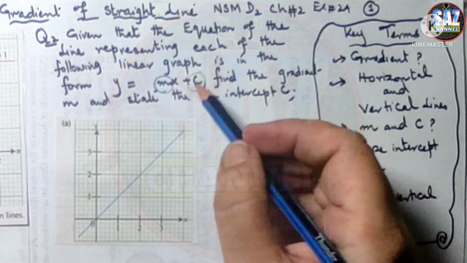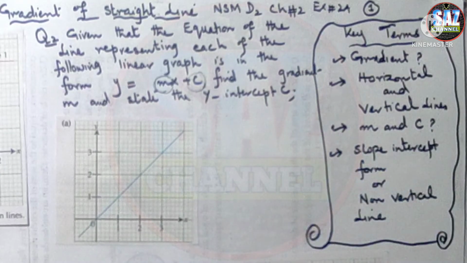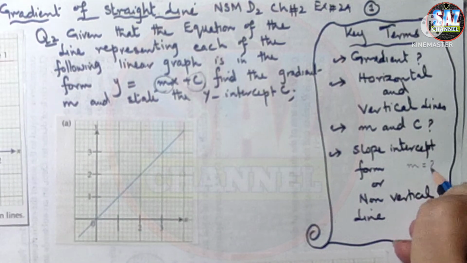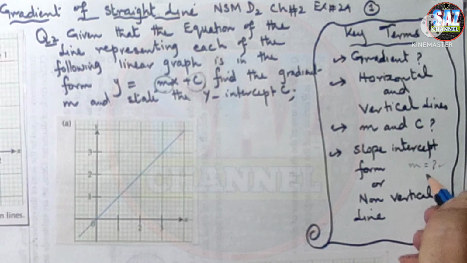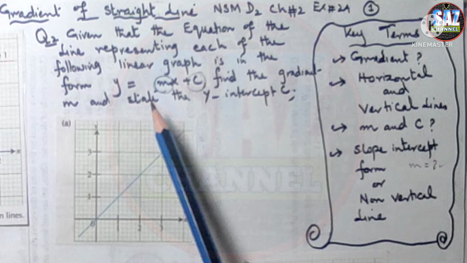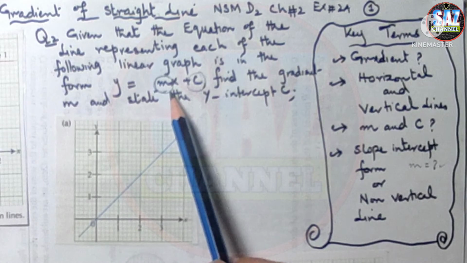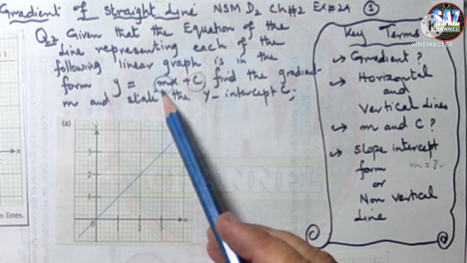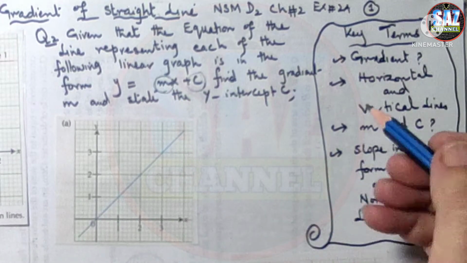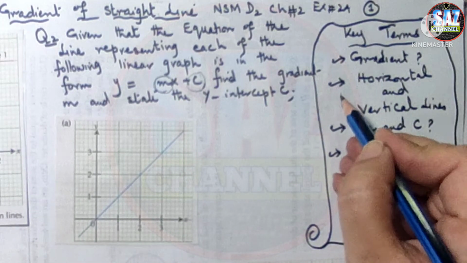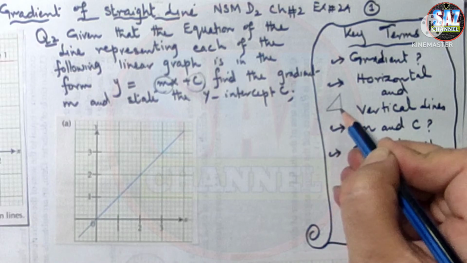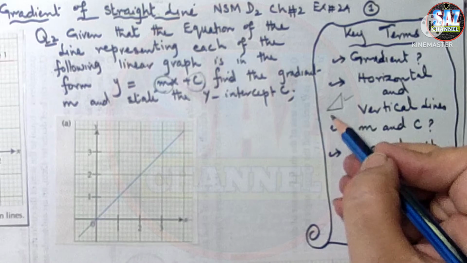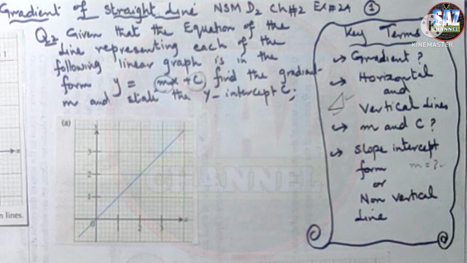Now there are two methods of finding gradient. One is using the two-point formula, which I will be discussing in a later class. Here I will be going for the calculation of gradient graphically. In order to find the gradient, we have to complete a right angle triangle, take any two points on the line, and then find the ratio between the height and base of that triangle.